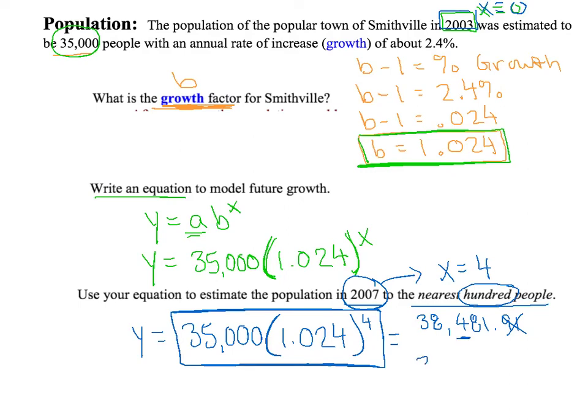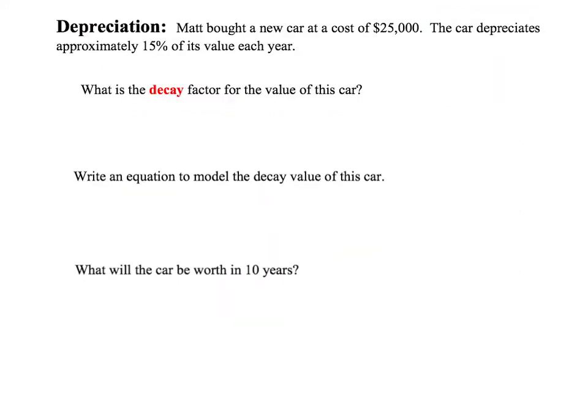And we just want to decide, do I want to round down to 38,400 or round up to 38,500? I'm going to go with 500 because that 8 is bigger than 5, which is then going to push my hundreds up to 5. So there's my predicted population, and I thought the rounding was very tricky on that one.